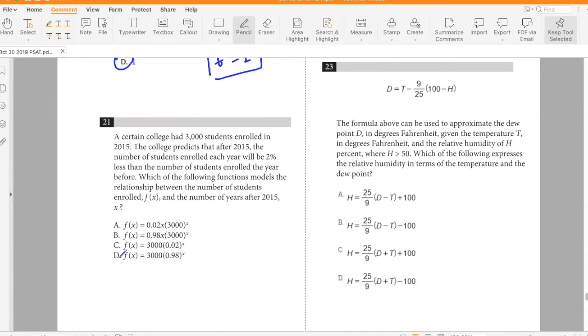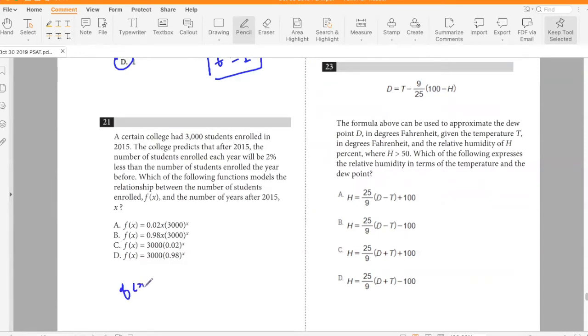A certain college had 3,000 students enrolled in 2015. The college predicts that after 2015, the number of students enrolled each year will be 2% less than the number of students enrolled the year before. Which of the following functions models the relationship between the number of students enrolled and the number of years after 2015? So this is an exponential function.